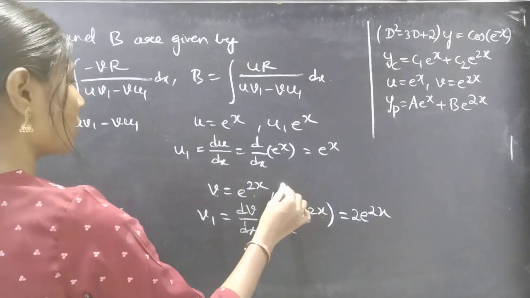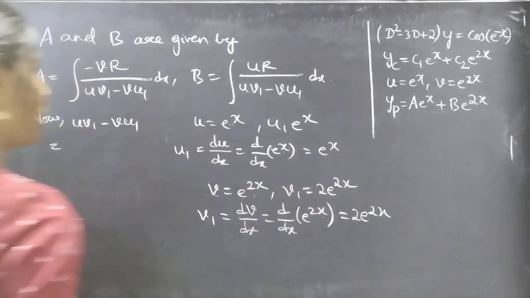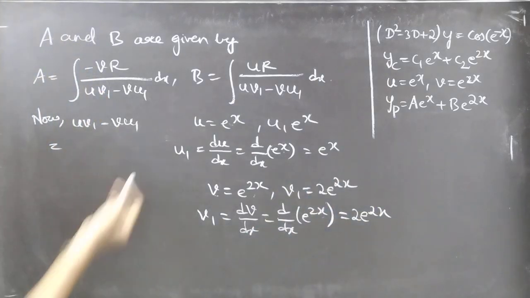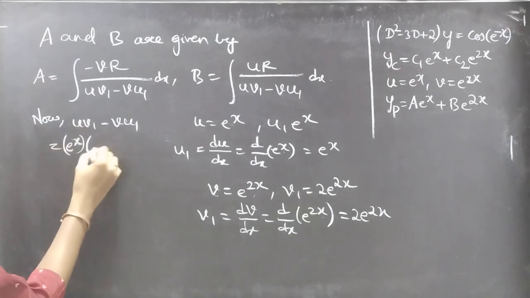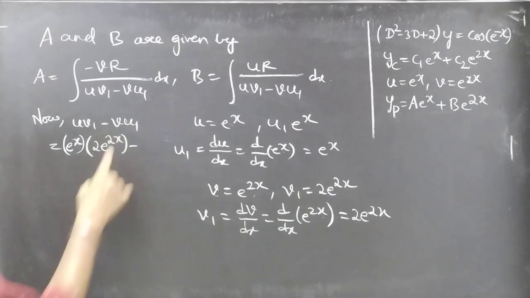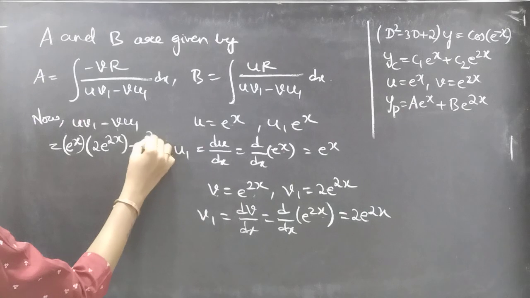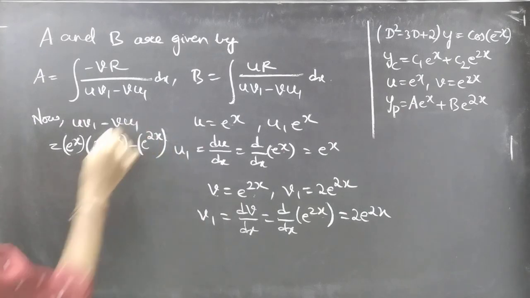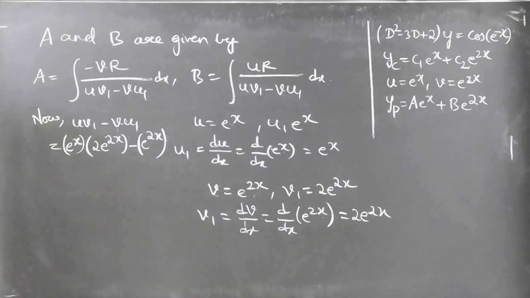If v = e^(2x), then v1 is 2e^(2x). Let's now find uv1 − vu1. That is u, e^x, into v1, 2e^(2x), minus v, e^(2x), into u1, e^x.